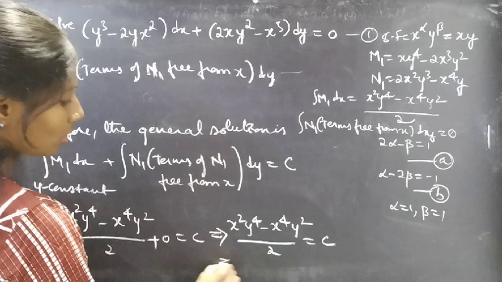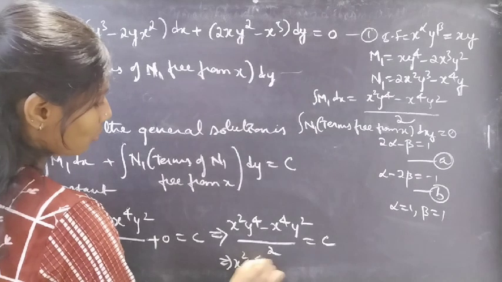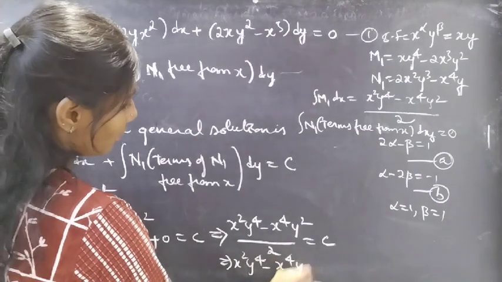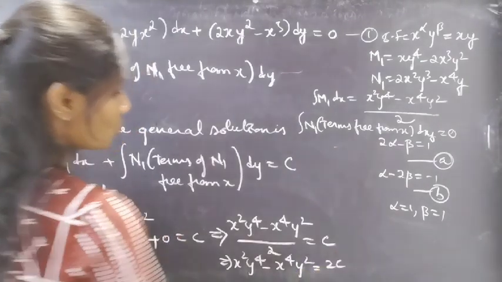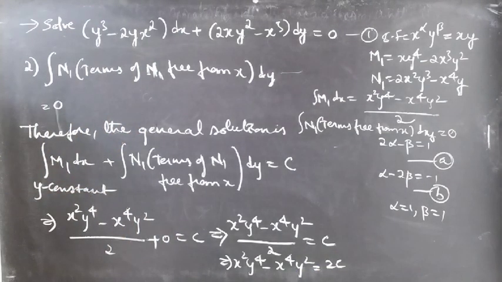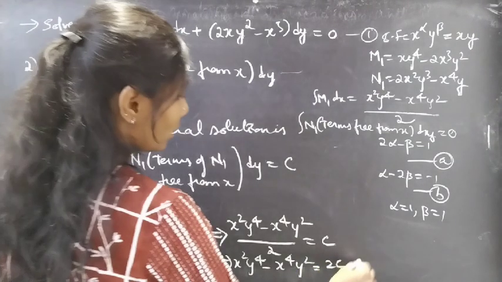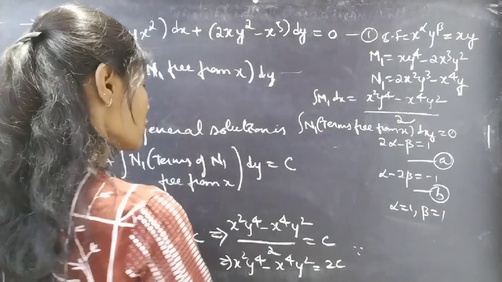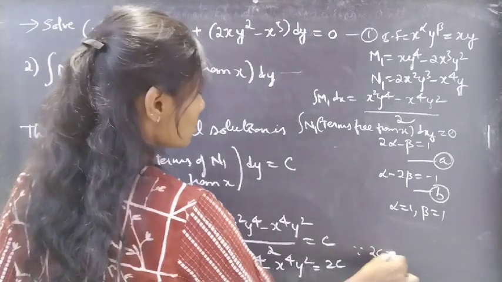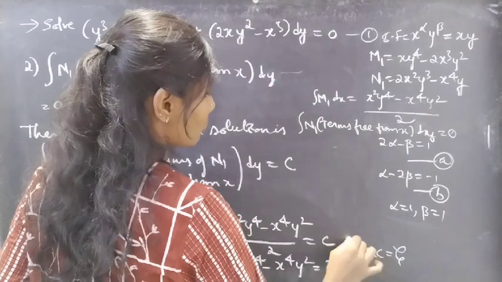Or x square y power 4 minus x power 4 y square equal to 2c. Since c is arbitrary constant, 2 is constant, so you can write 2c as some capital C.